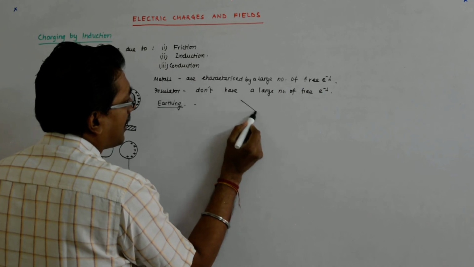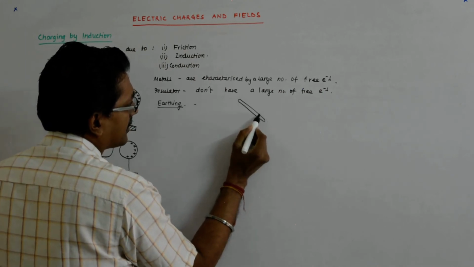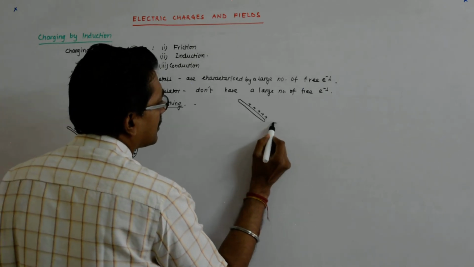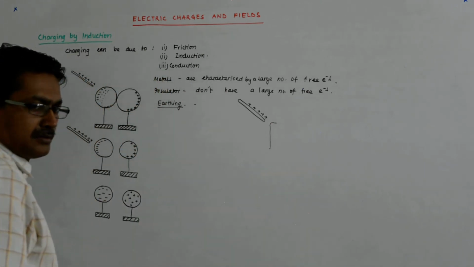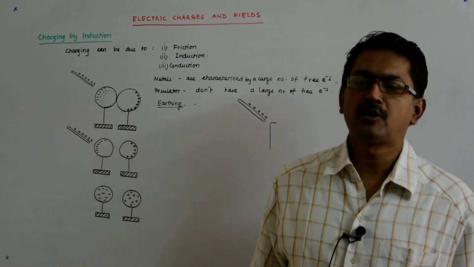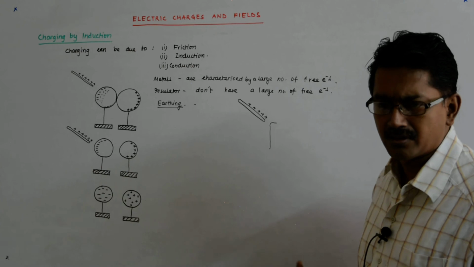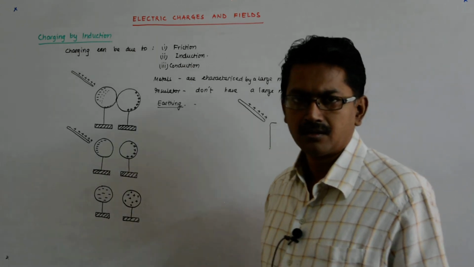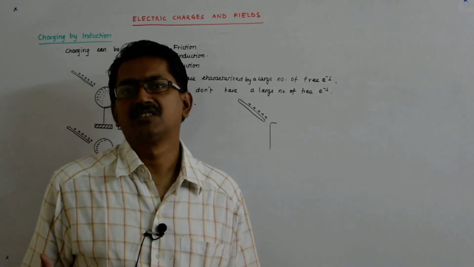See, if I have a positively charged rod and it touches a metal wire, say like that, what do we expect to happen? We expect this metal conductor, the rod, to get positively charged.